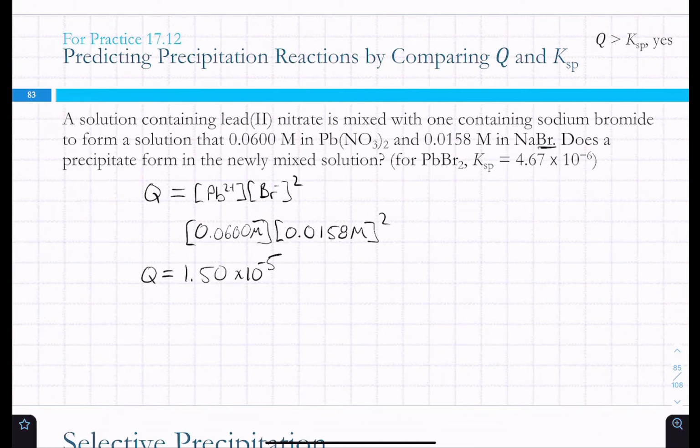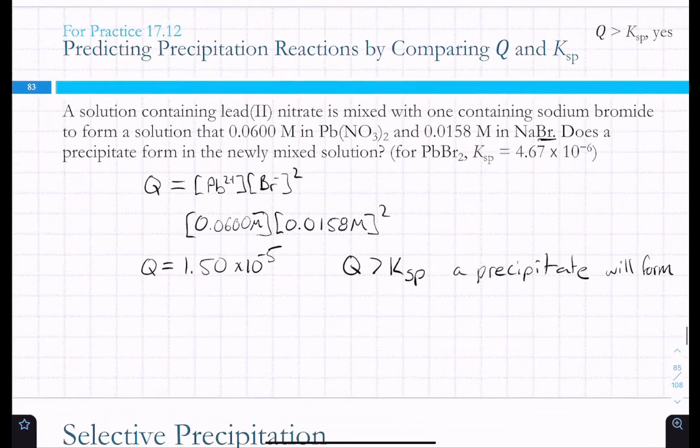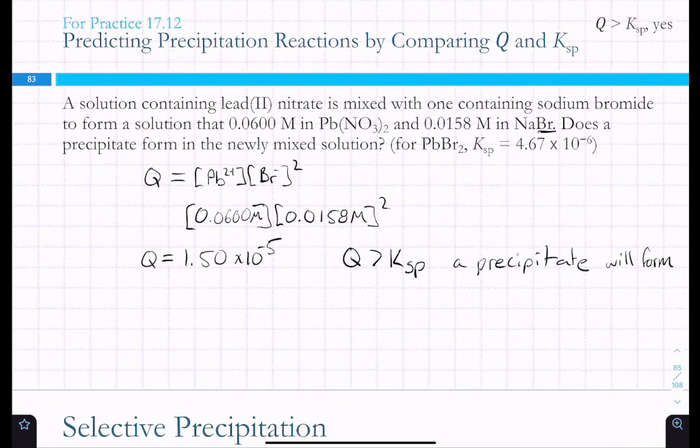So because Q is greater than K, a precipitate will form. Cool. All right, so calculating Q, same way that you calculate K, just got to make sure that you're using the correct concentrations for each of those species.